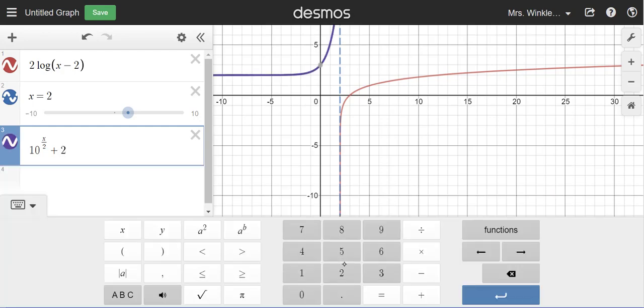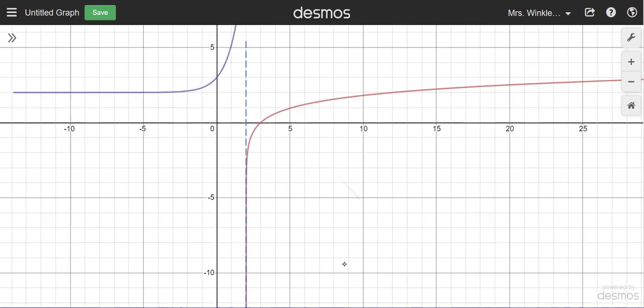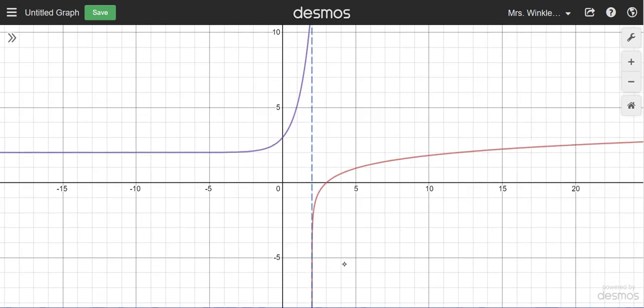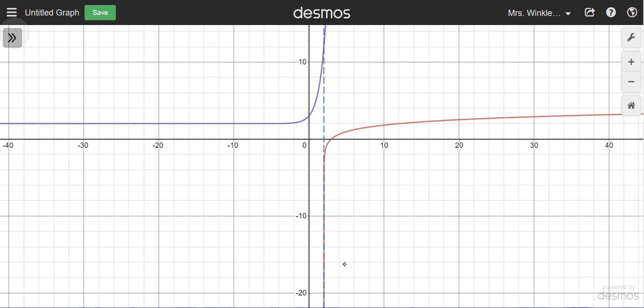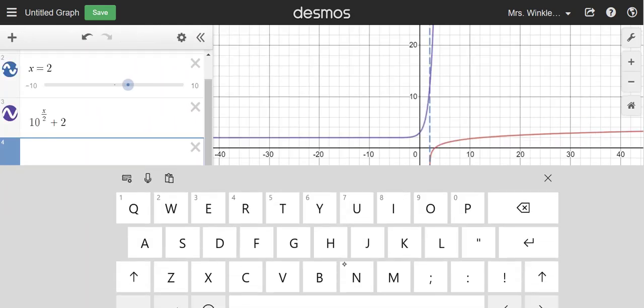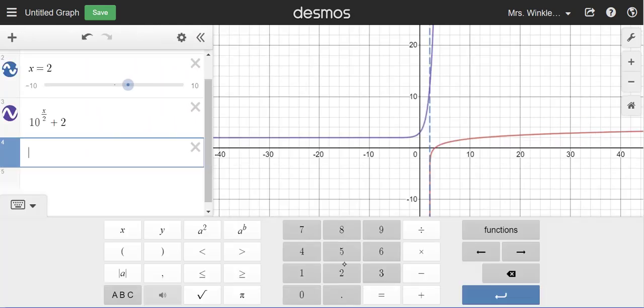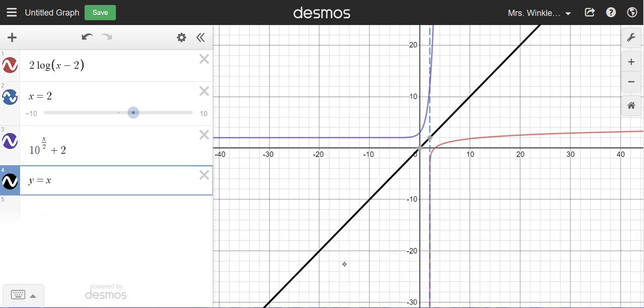And if we look at our graphs, we can see that they are the opposites. And if we were to draw a line, it would be y equals x. They would be mirror images of each other. So here we'll do y equals x, and I'm going to put the dash line.